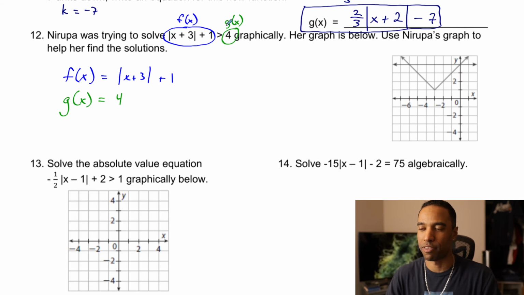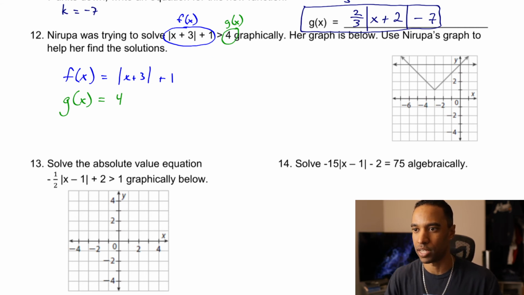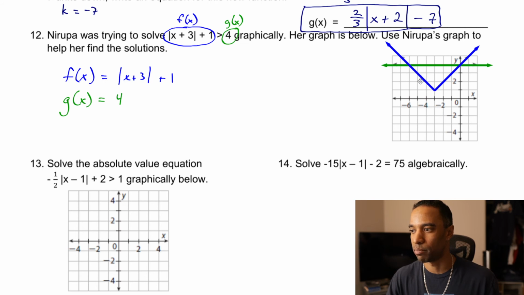So let's make sure she graphed them correctly, and I'm going to go over them in these colors so I can use the colors to describe what happens. And remember, I'm not going to spend a long time teaching this one. I'm just going to say it as I'm doing it. If you want to see me teach one of these, go to the review video, please. It might be the last question on there that I could do something like this.